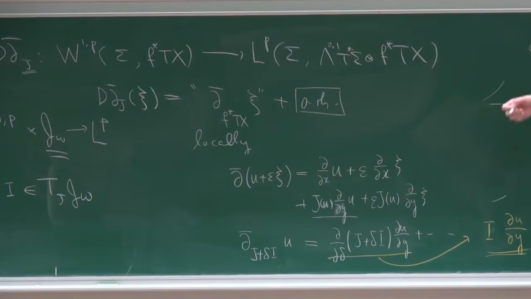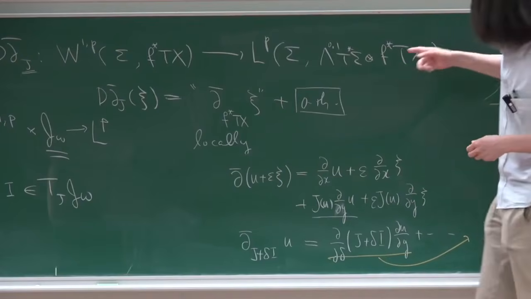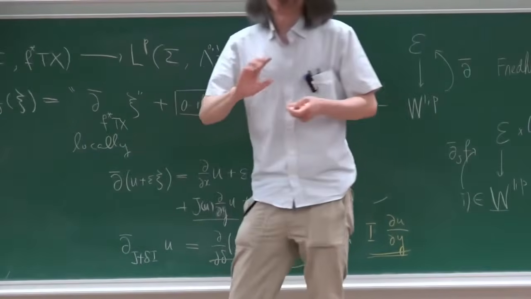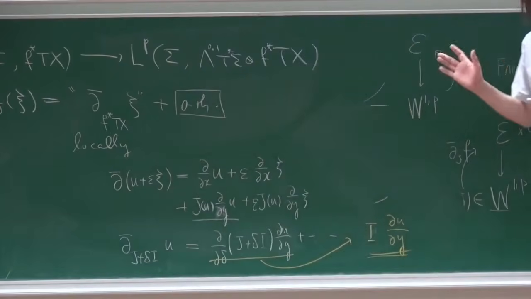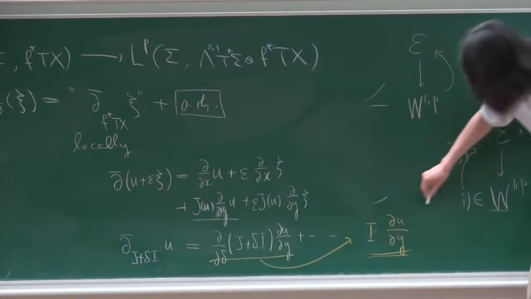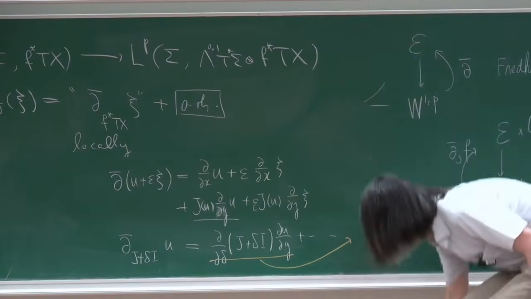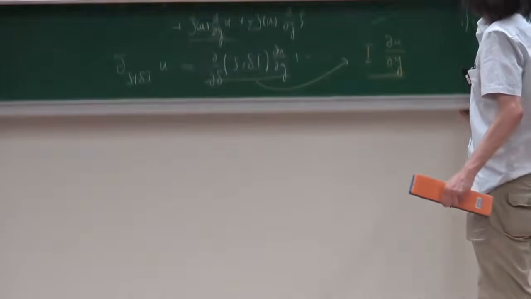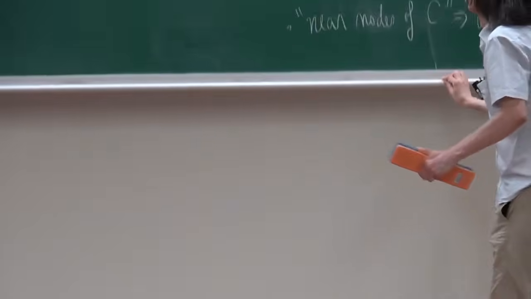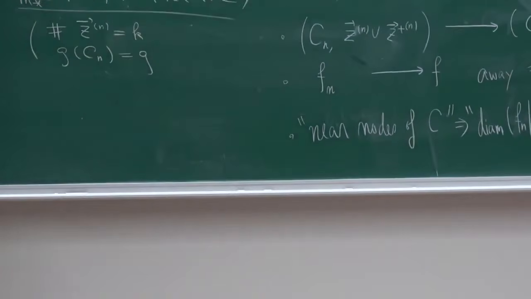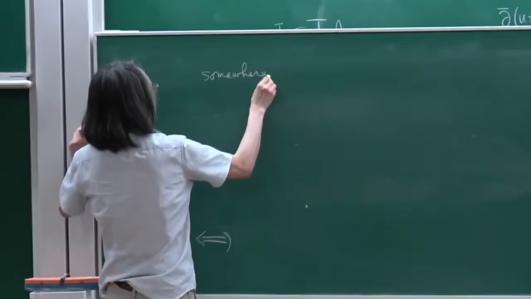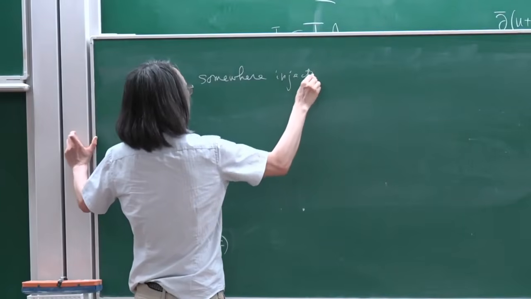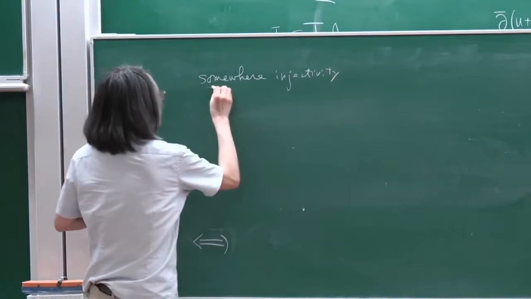And it is true if the mapping is so-called somewhere injective. It is not so hard to see, but maybe I have to write something else. So this is the way. So what is somewhere injectivity? Somewhere injectivity is something like this.